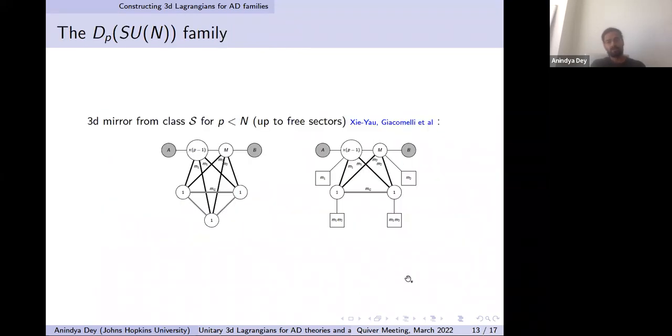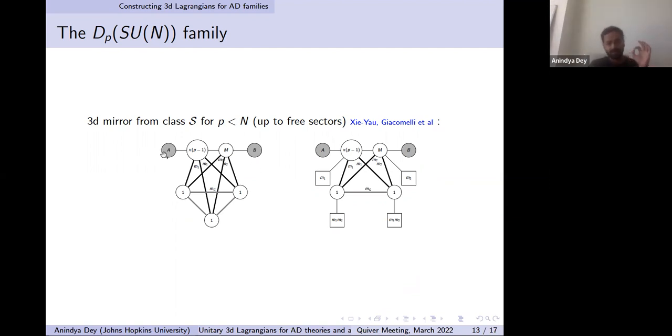So now let's discuss the DP-SUN family. So for P less than N, this is the quiver. This is the class S mirror. Now the details are not important, but the general structure of this thing is important. So you see that the mirror has two distinct subquivers.